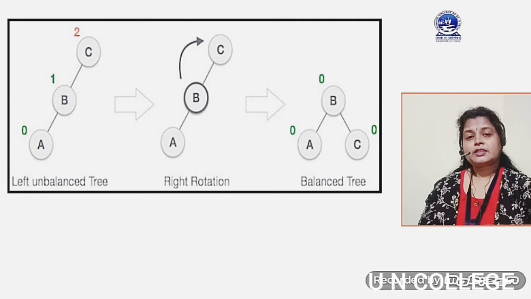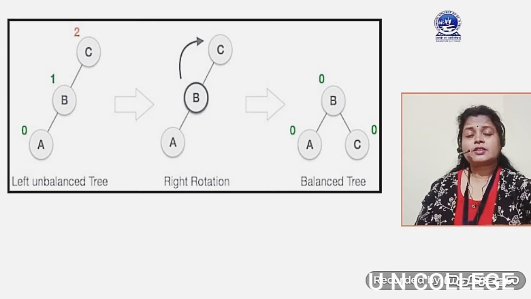The balancing factor of B is 1 because it is having one node at the left subtree but not at the right subtree. And the balancing factor of C is 2, because it is having two levels at the left and no level at the right subtree. Now it is also very simple to convert the unbalanced tree to the balanced tree by using LL rotation.